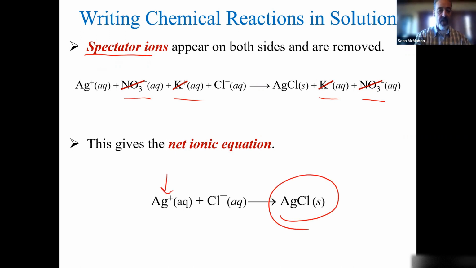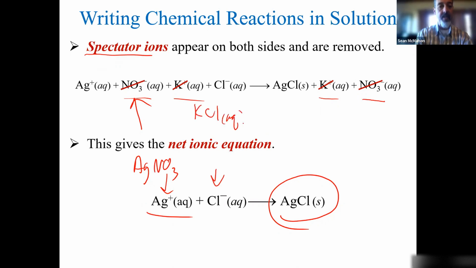And it's the silver ion. Remember, I got the silver ion when I dissolved silver nitrate because nitrates are always soluble, so it dissociated and gave free-floating silver. I got this chloride ion because potassium, group 1, is always soluble. It's separated, and now I have free-floating chloride.